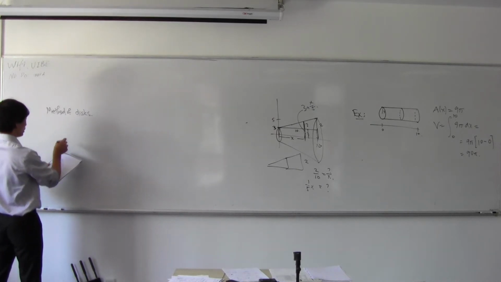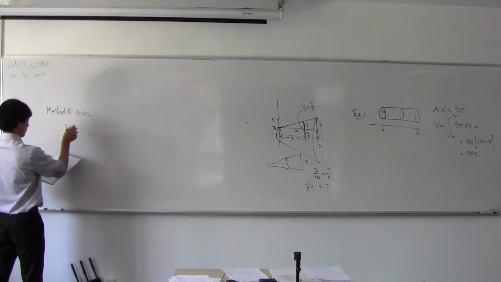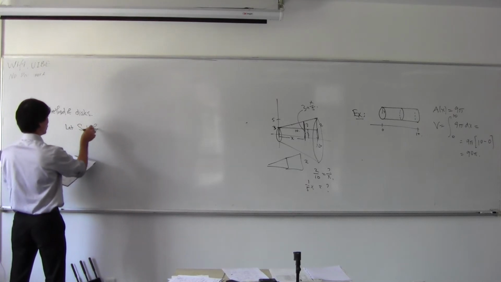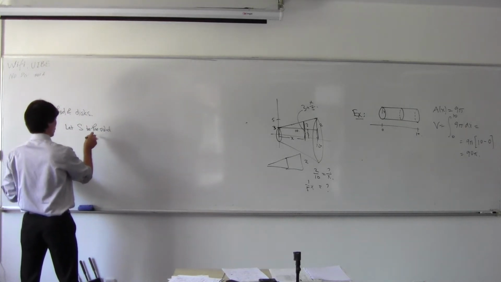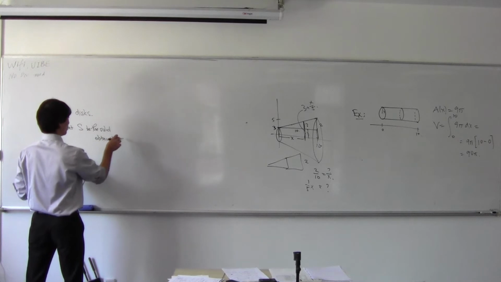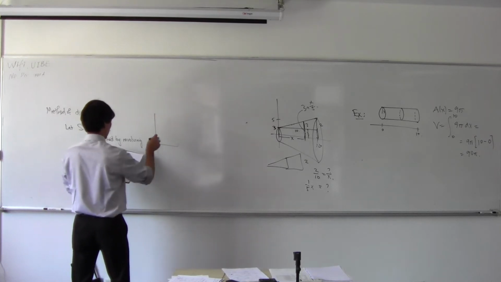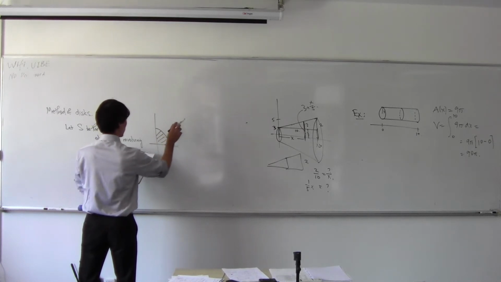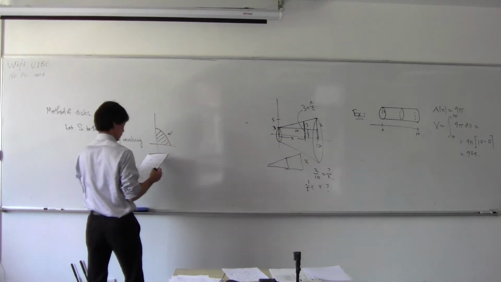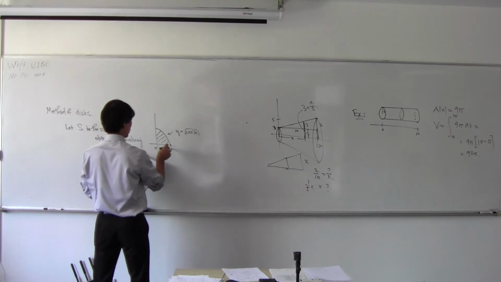So, say, let S be the solid obtained by revolving this area, y equals root cosine x from 0 to pi over 2.